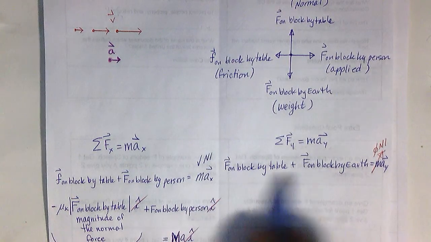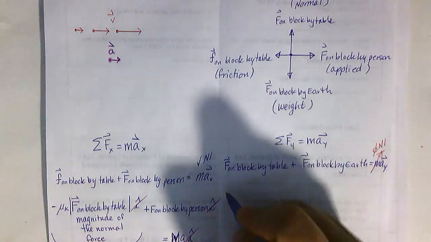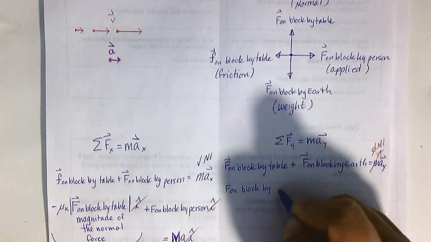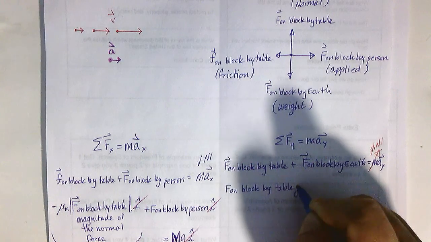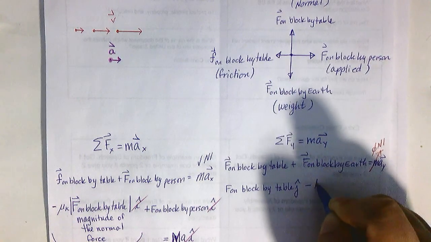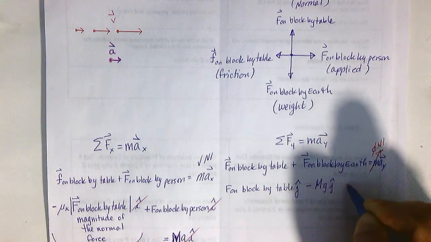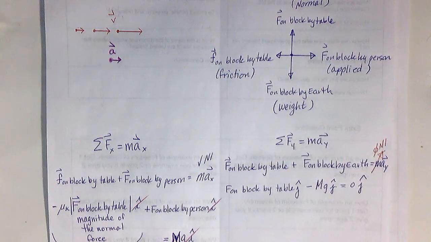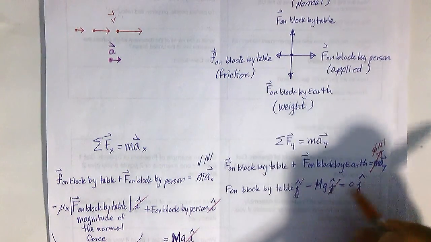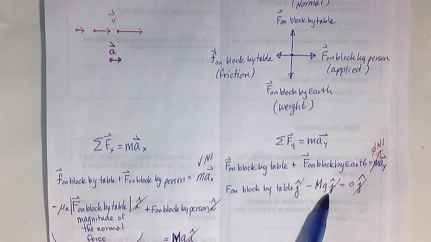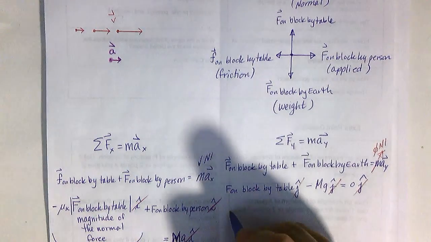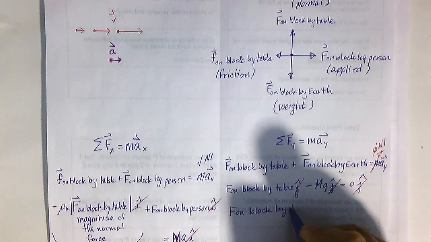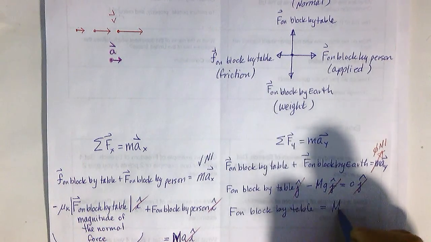Now we substitute in magnitude and direction. I have force on block by table j hat, minus mg j hat, equal to 0 j hat. I can cross out my unit vectors. I have m and g, so I can solve for the magnitude of the normal force. Force on block by table is equal to mg.